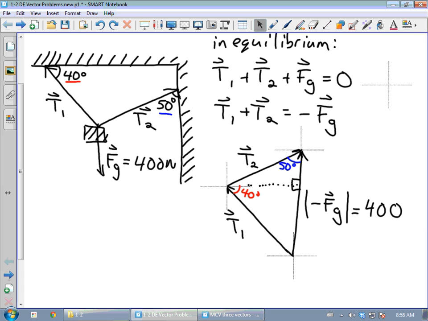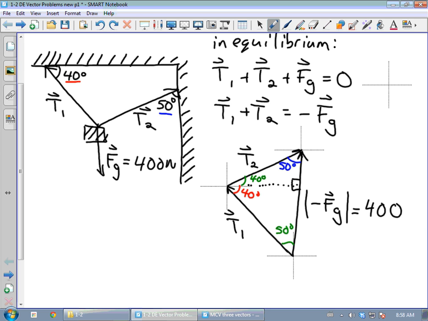This one in here has to be 40 degrees as well. 40 and 50 give us 90, and another 90 give us 180. I can do the same thing for this other triangle down below. I've got 40 there, 90 there. So this has got to be 50 down there.